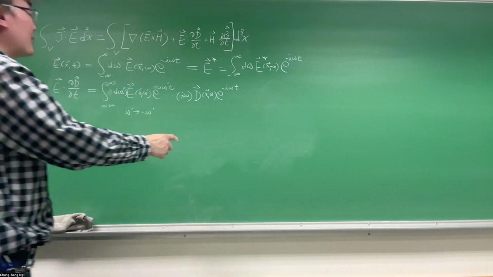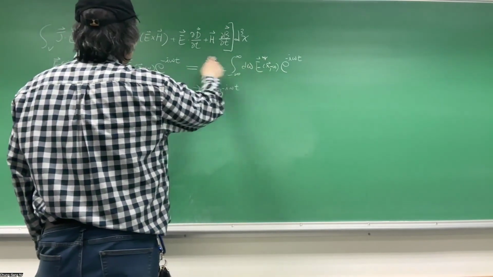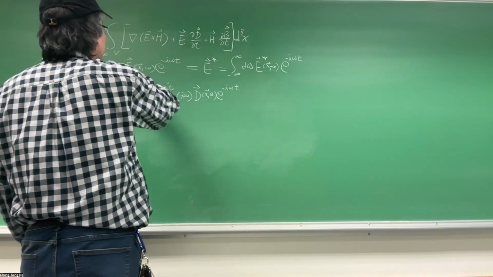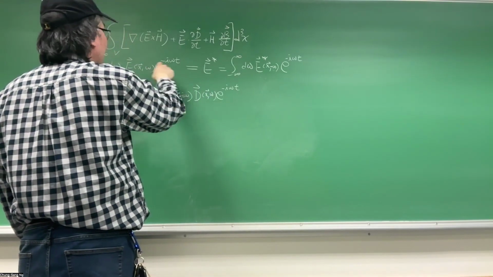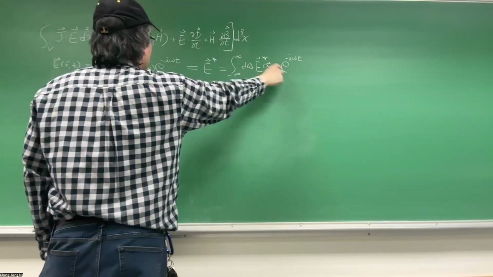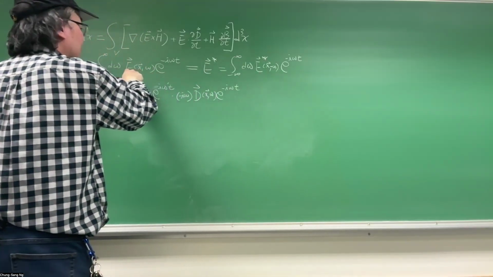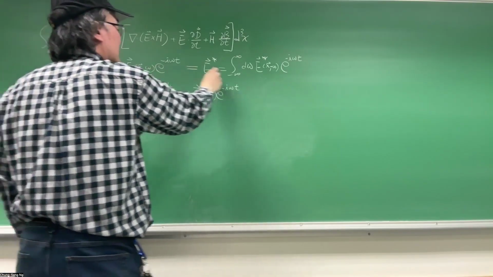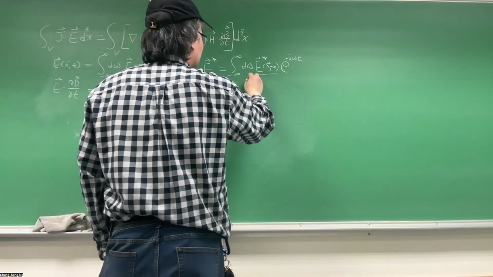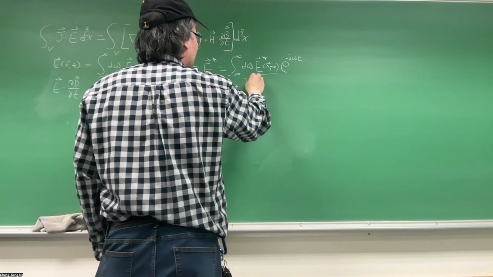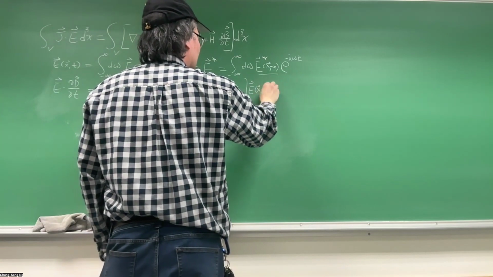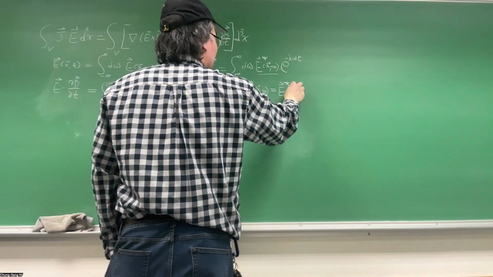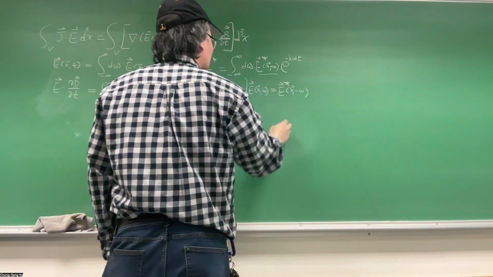Okay, now you compare this with that, because this equals that, and both have the same form, including the exponential function. So it must mean that this part equals that part. So it means E(x, omega) equals E complex conjugate (x, minus omega).